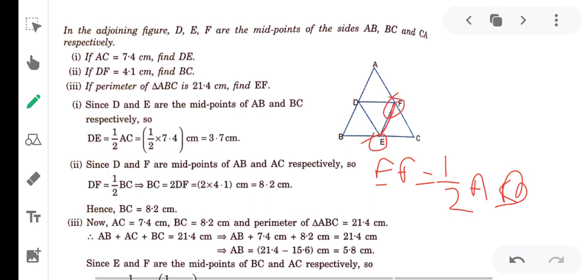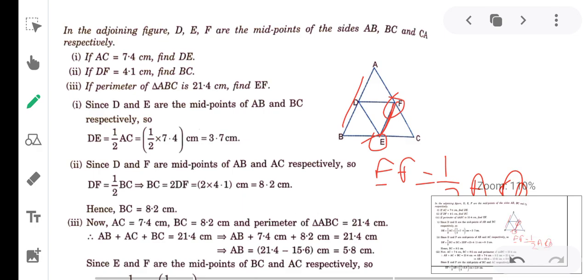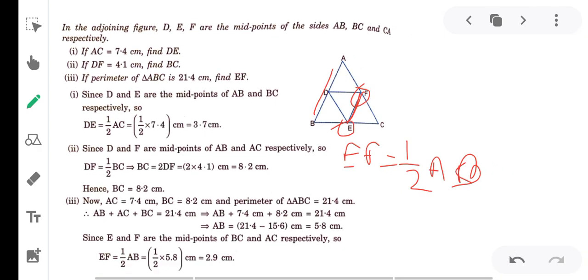Then this line segment EF is parallel to AB and equal to half of AB by the midpoint theorem. So EF equal to 1 by 2 into 5.8 centimeter, equal to 2.9 centimeter. Clear?